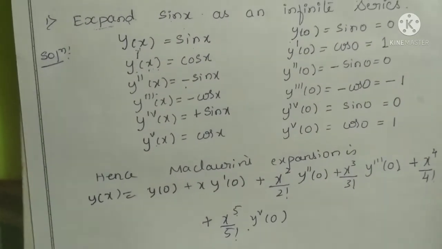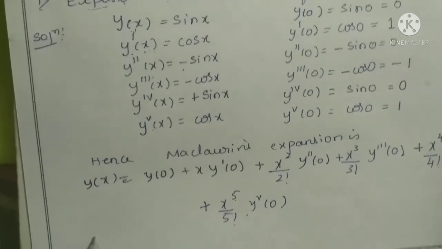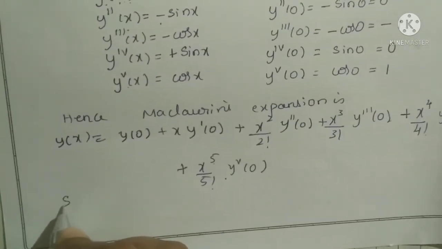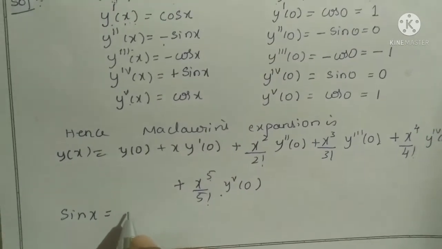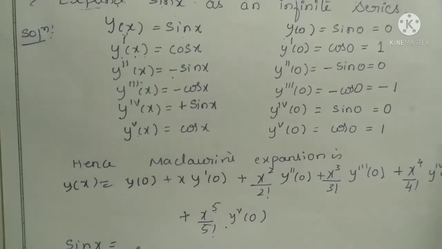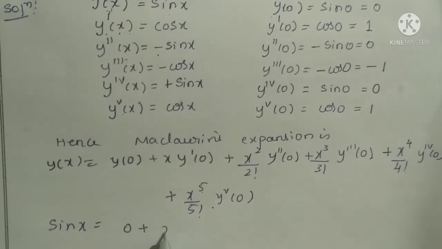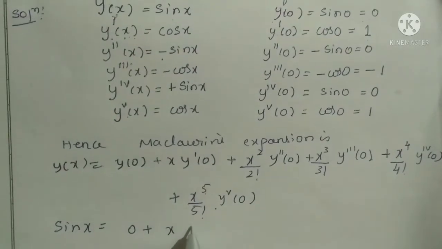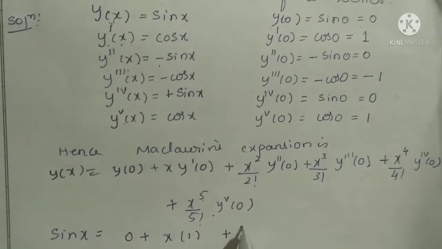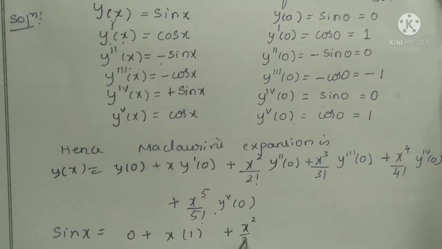Here, as you all know, y of x is sin x. Then what is y of 0? Y of 0 is 0, plus x as it is, y dash of 0. What is y dash of 0? Y dash of 0 is 1, plus x square by 2 factorial, which is 2.